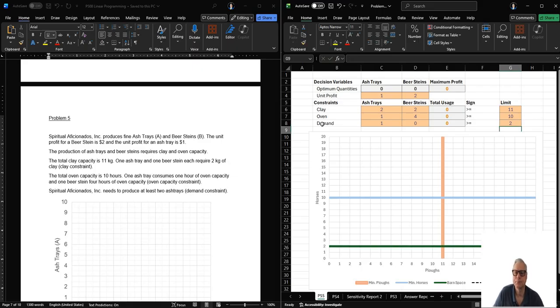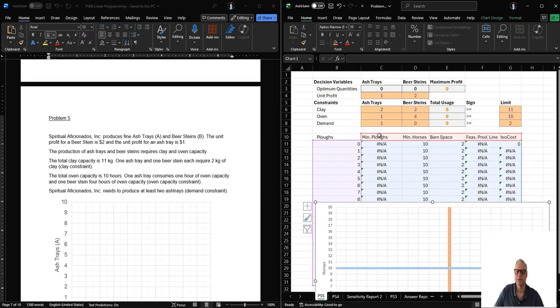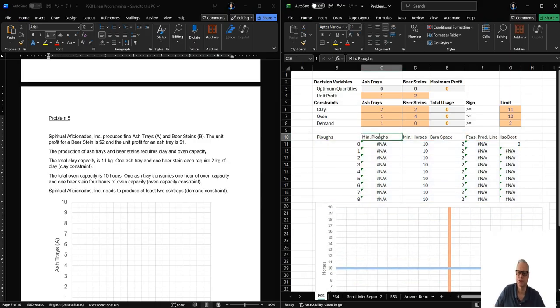Okay, so we have to change that a little bit. So let's call the constraints clay, oven, demand.